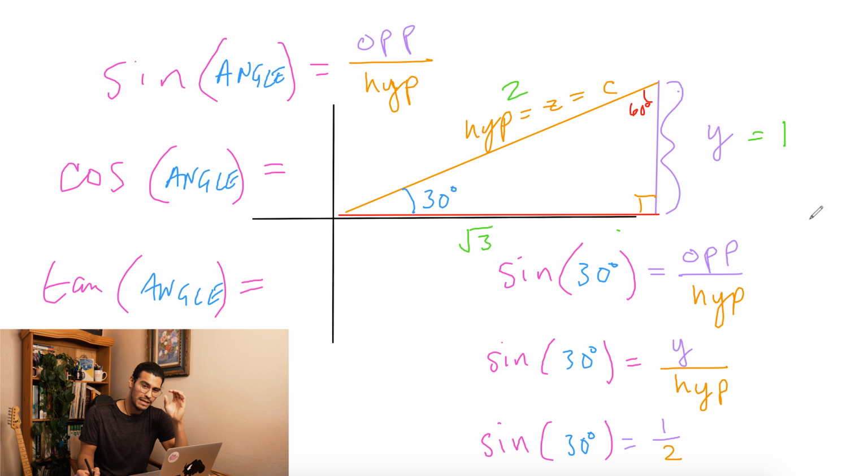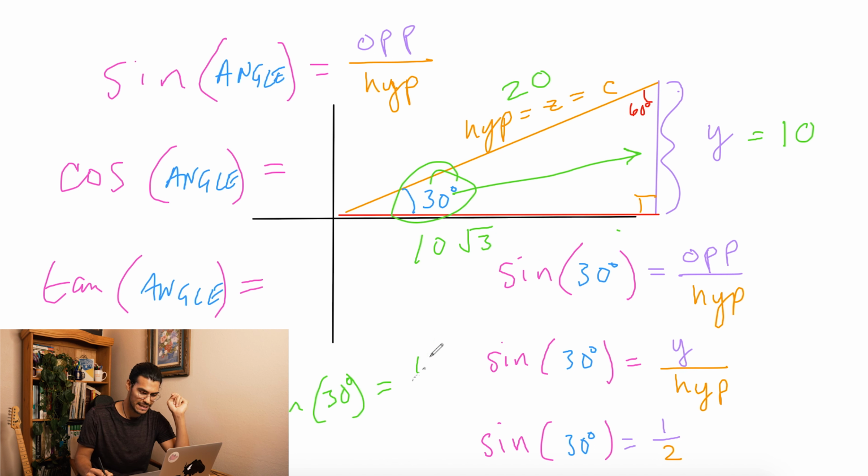Now, that doesn't mean that the side across from 30 degrees is always going to be a length of 1. This length could be 10, but that would mean this length would be 20. This length would be 10 root 3, but then we see if we took the same sine of 30 and we took opposite over hypotenuse, starting from 30 degrees, opposite side is 10, over the hypotenuse side is 20, this still cancels out to 1 over 2.